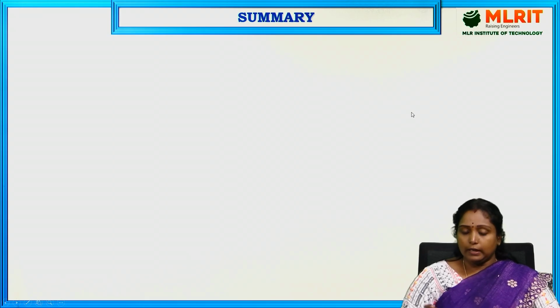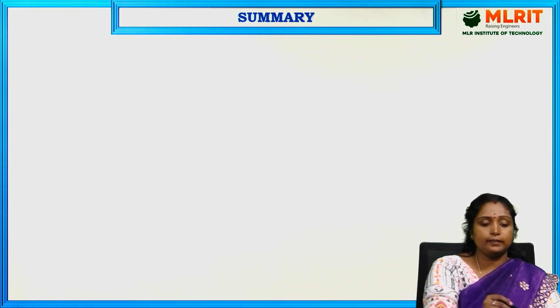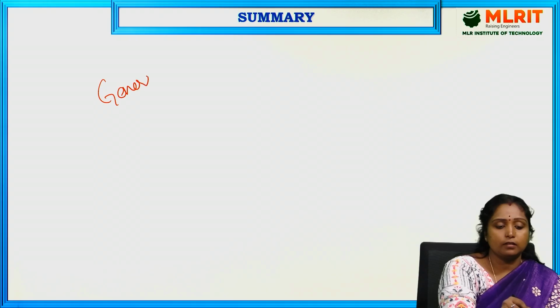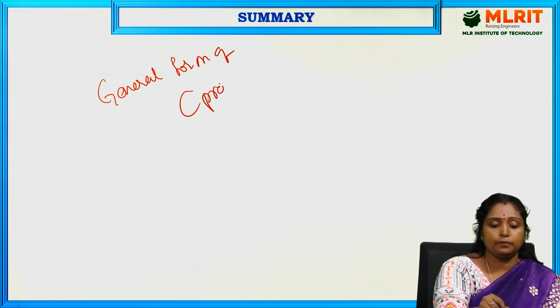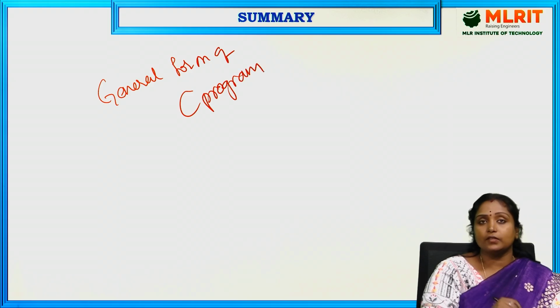So in today's session, what we have learned is the general form of a C program. What sections does it consist of?